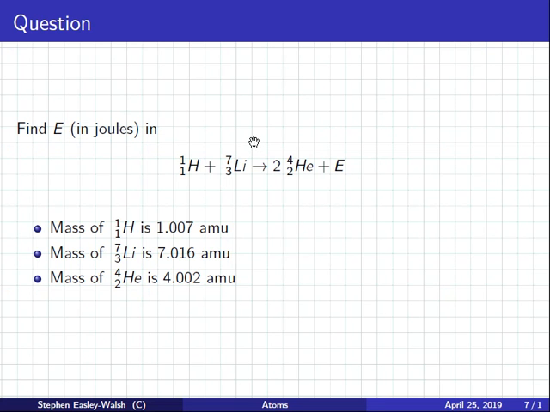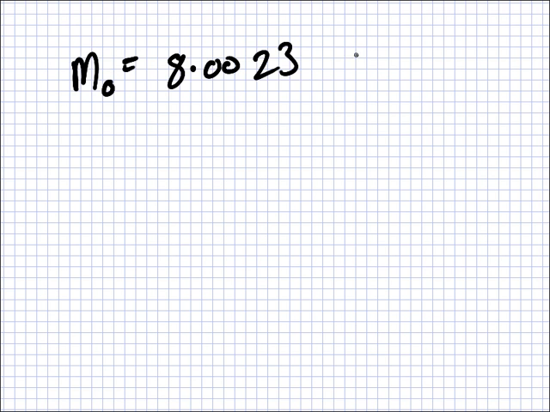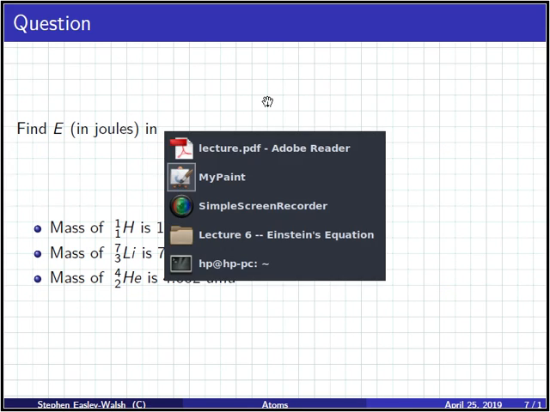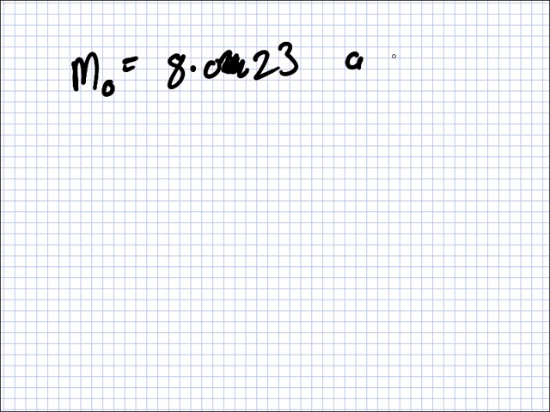So the mass at the beginning, what was it? 8.0023 AMU. And the mass afterwards is 8.004.